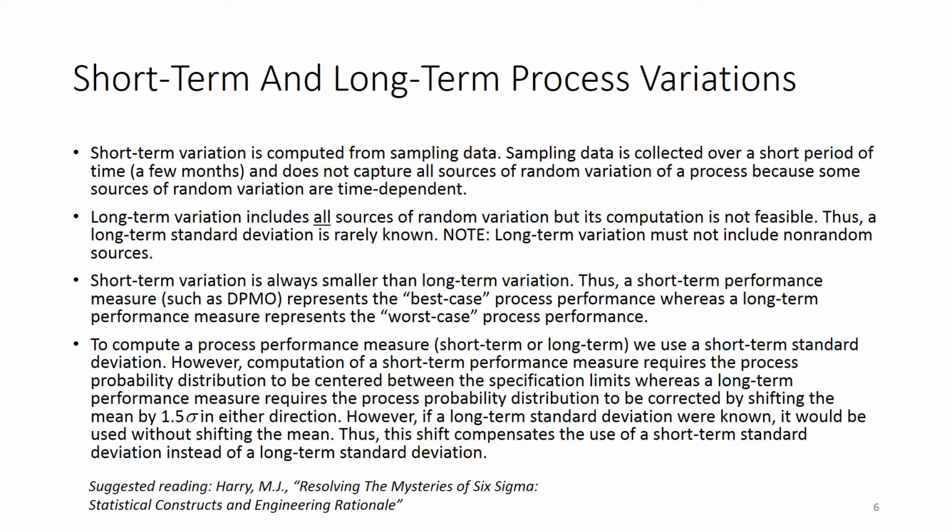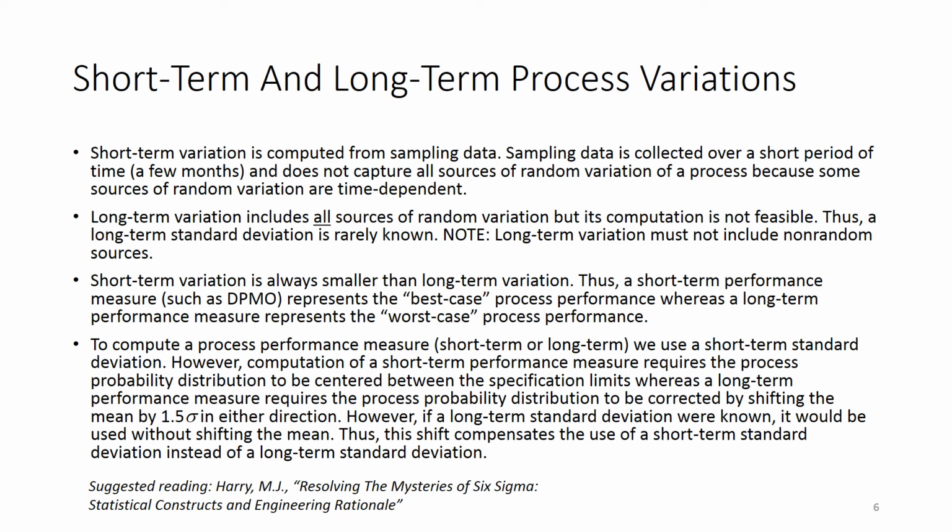However, if a long-term standard deviation were known, it would be used without shifting the mean. Thus, this shift compensates the use of a short-term standard deviation instead of a long-term standard deviation.